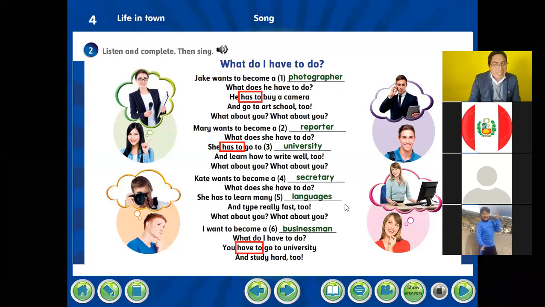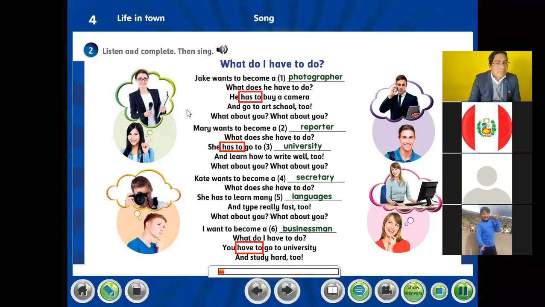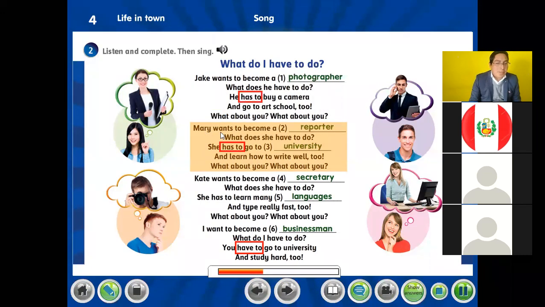One more time, okay? Listen and sing. One more time. 2. Listen and complete. Then sing. What do I have to do? Open, please. Open your microphones. One more time. Jake. Jake wants to become a photographer. What does he have to do? Has to buy a camera and go Just to to do. What about you? What about you? Very much to become what should have to do to Fifty.